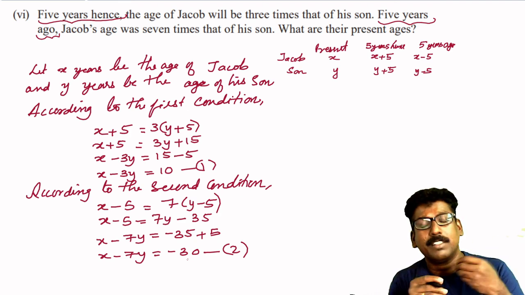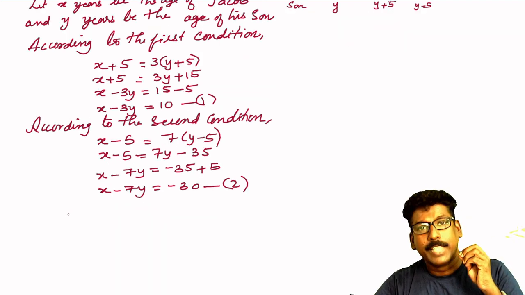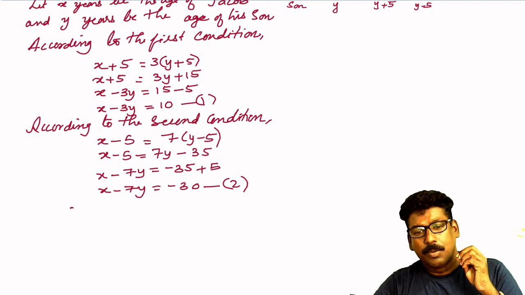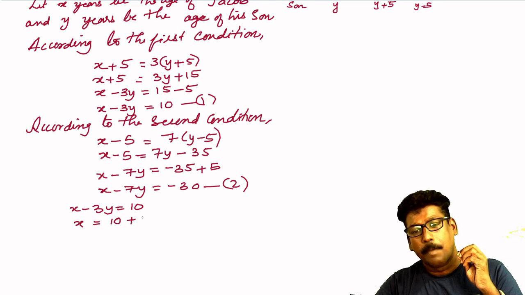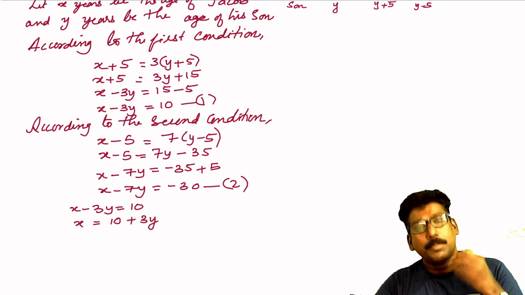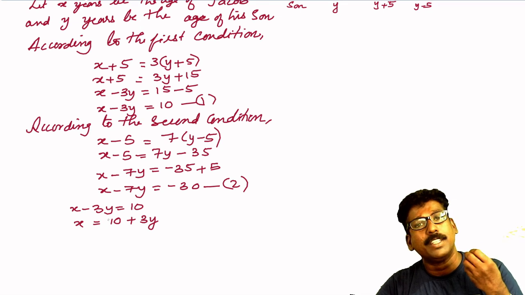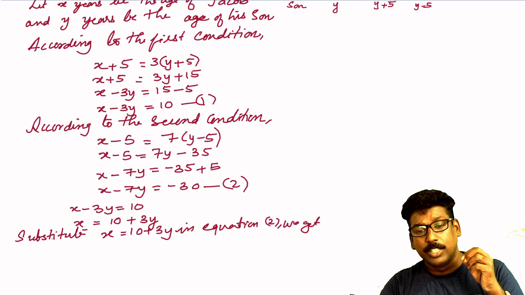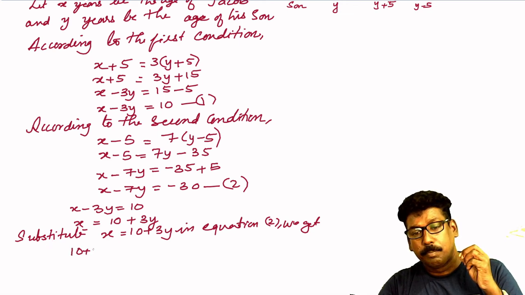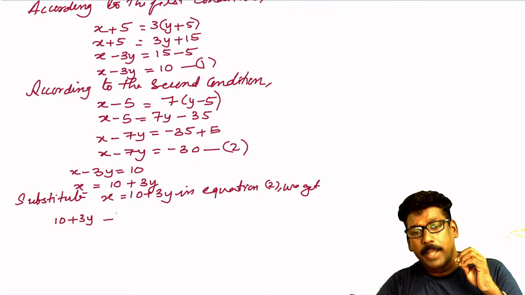Now let us consider the first equation. That is x minus 3y is equal to 10. So x you can write as 10 plus 3y. Substitute x is equal to 10 plus 3y in equation 2. Equation 2 is x minus 7y is equal to negative 30. So here x you can write as 10 plus 3y minus 7y is equal to negative 30.